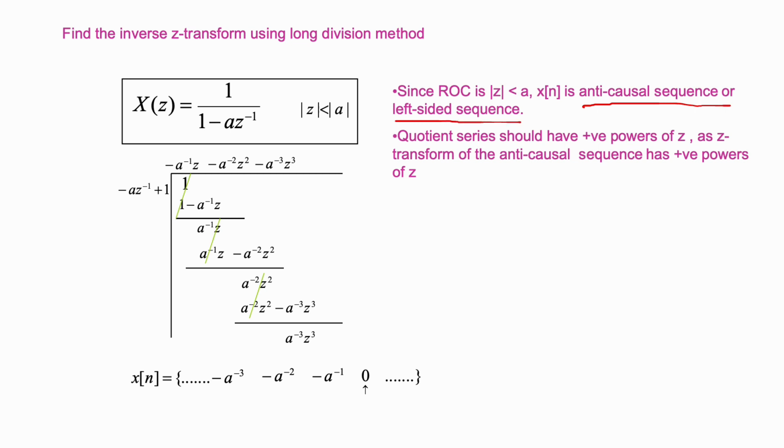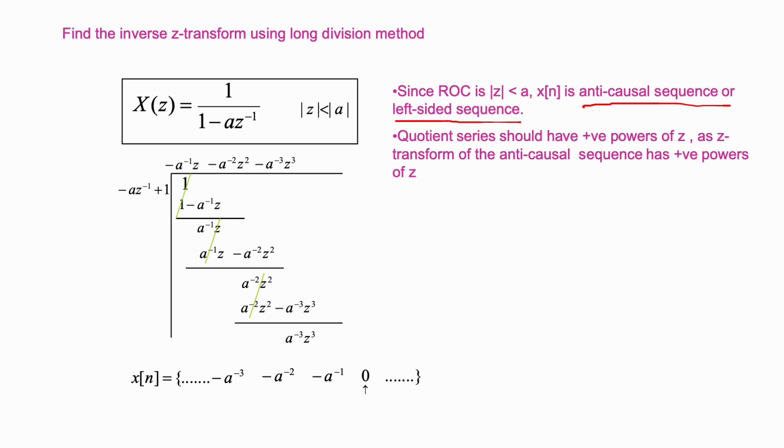If it is a left-sided sequence, what we have to do is, the numerator and the denominator series should have positive powers. So you write the numerator and the denominator from the higher term to the lower term. Here numerator is one only, in the denominator you have it like this. First you take the higher term, then the lower term: minus a z inverse plus 1. Now you do the division.